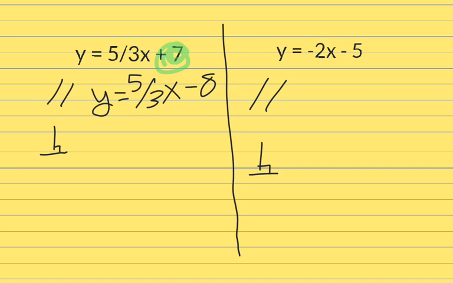So many possibilities, right? Next up, if I want to make a perpendicular line, I'm going to have to flip it and make it the opposite sign. So I have a positive 5 over 3. I'm going to flip it so I get 3 over 5. And it's positive, so I have to change it to a negative.